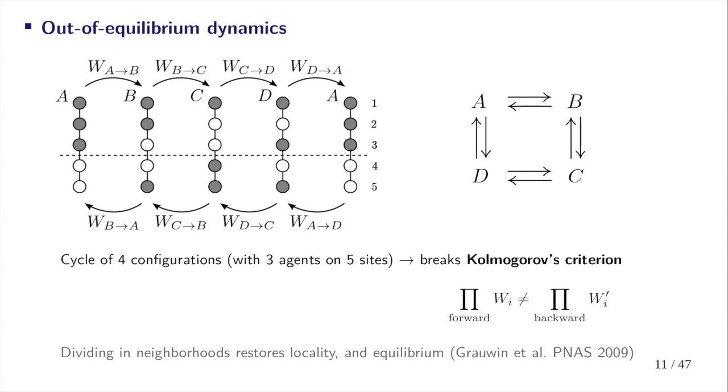And it turns out that if you reinstall locality in the system and divide the city into fixed neighborhoods, as was done by Grauwin in 2009, then you are in a kind of mean field dynamics that restores detailed balance and equilibrium dynamics.